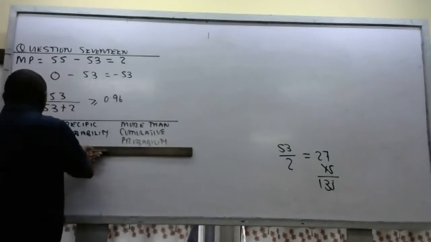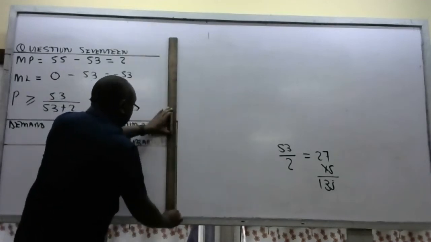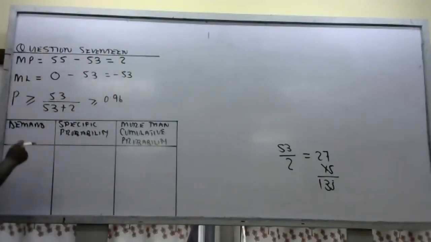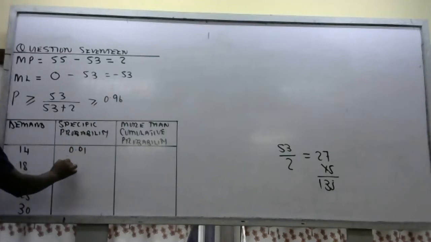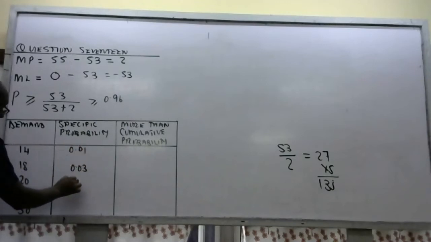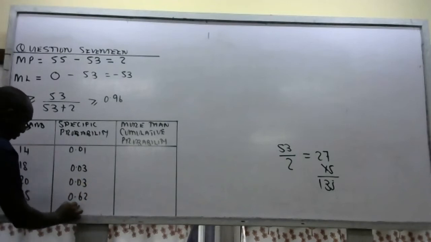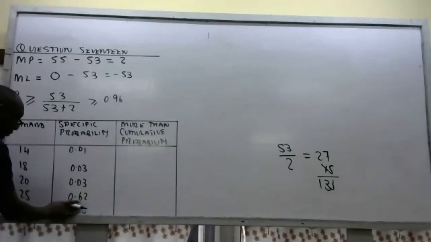The units are 14, 18, 20, 25, and the probabilities are 0.01, 0.01, 0.03, 0.03, 0.62, and 0.31.